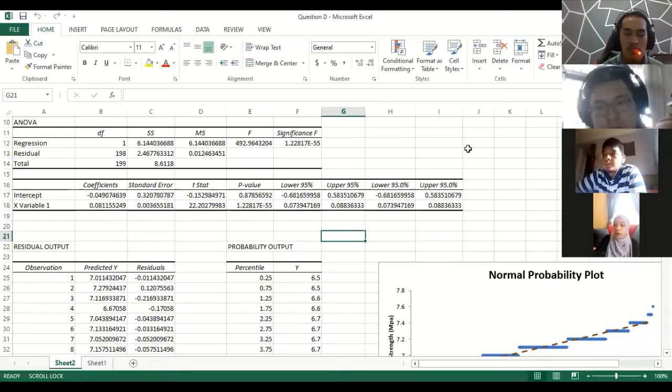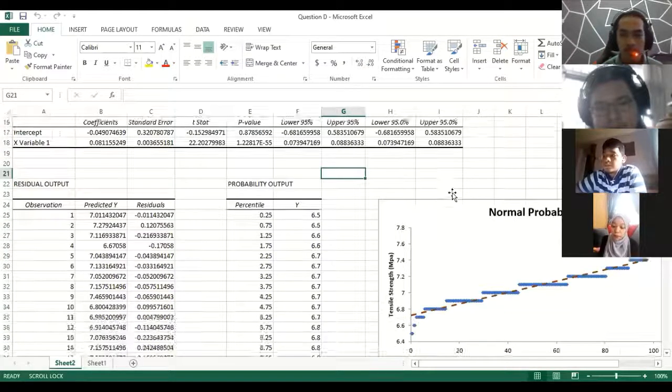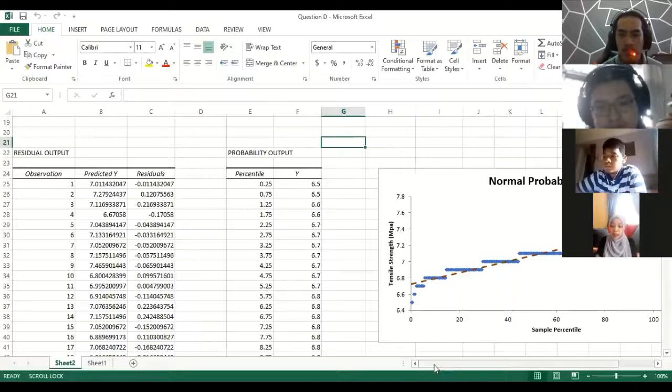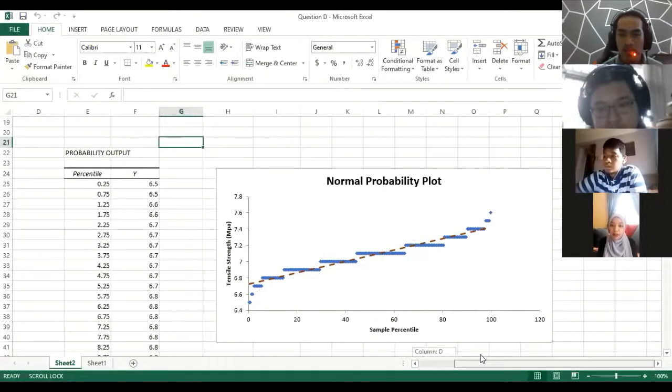For the graphs, the first graph is the normal probability plot. As you can see, it plots a straight line, so the normality assumption is satisfied.